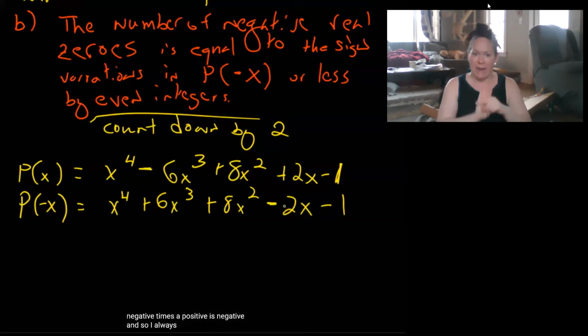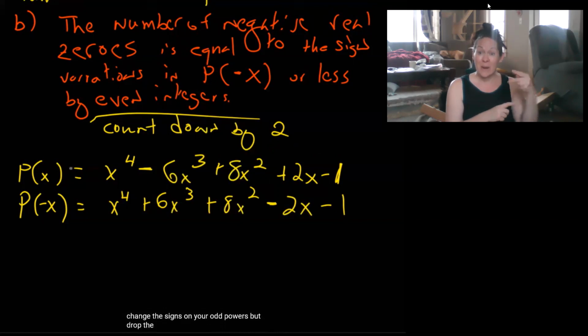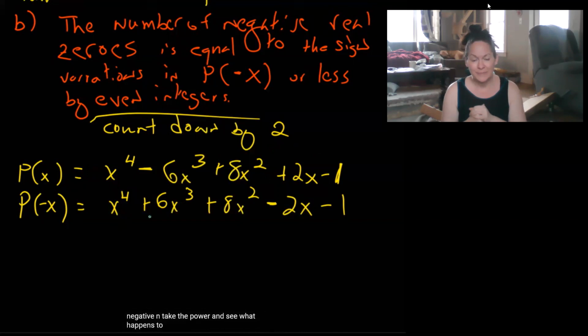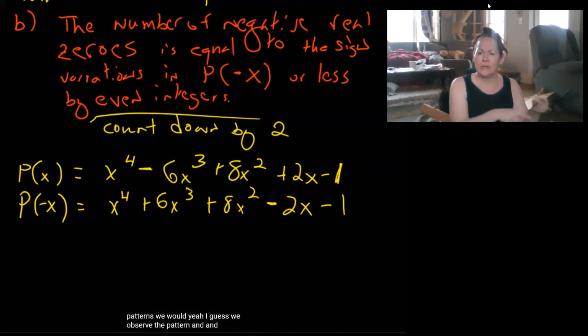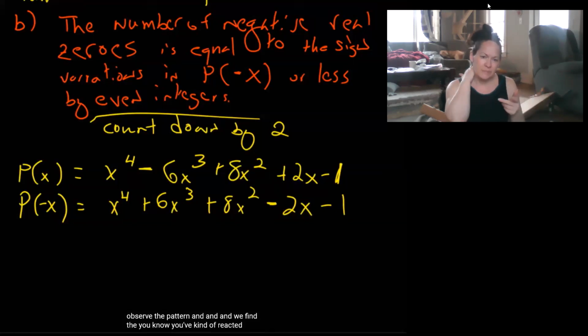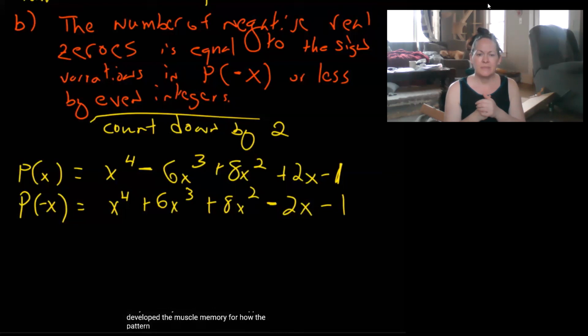And so I've always looked at this after doing thousands of them, is change the signs on your odd powers. But drop the negative number in, take the power and see what happens to your signs. It's a good way of watching this. These patterns. We observe the pattern and we react, adapt, develop the muscle memory for how the pattern is.